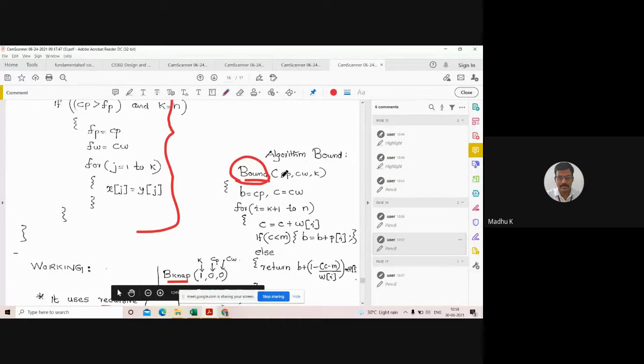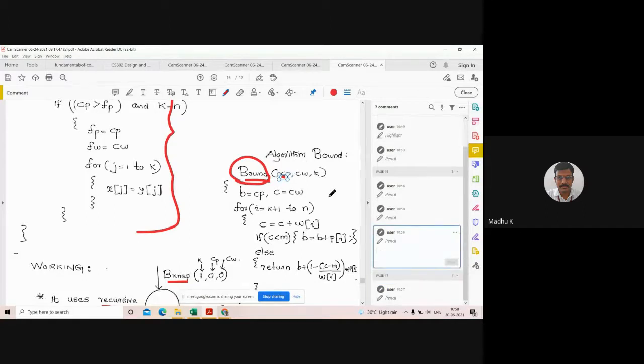It will take the three parameters, do some processing, and return the value B. B indicates how good the solution is, how suitable it is.